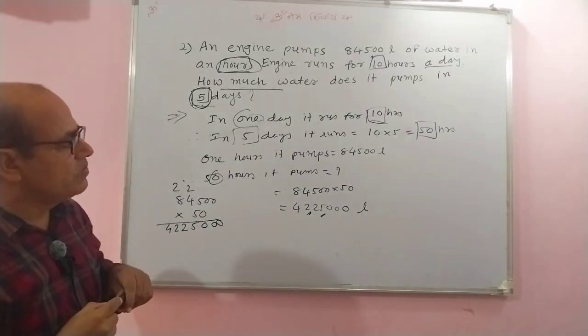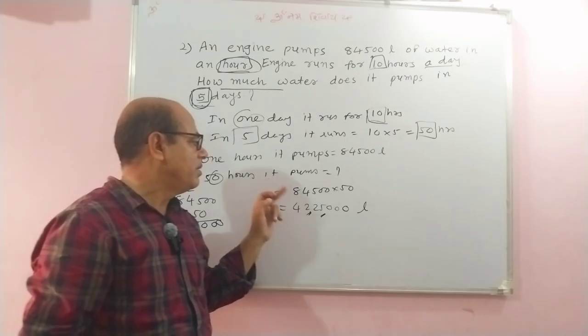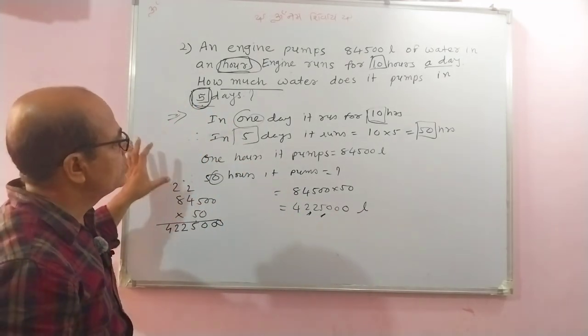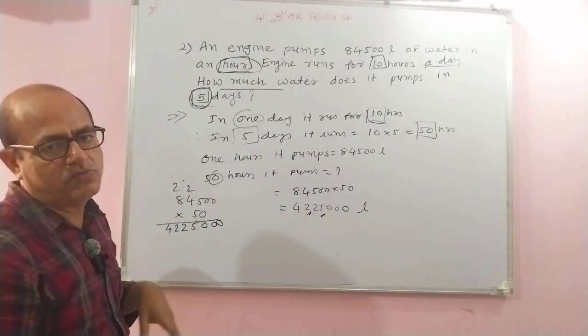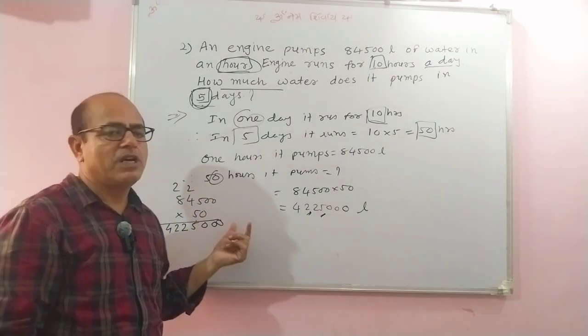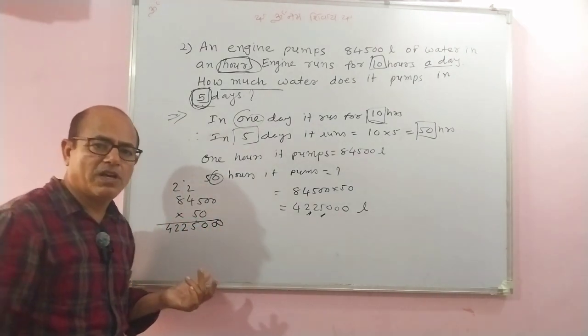In 1 hour it pumps 84,500, and in 50 hours it will pump 42 lakh 25,000 liters of water. This is called the unitary method. All the sums which we are doing use the unitary method, so this method will be helpful for solving this kind of sum. Some more examples we are also covering.